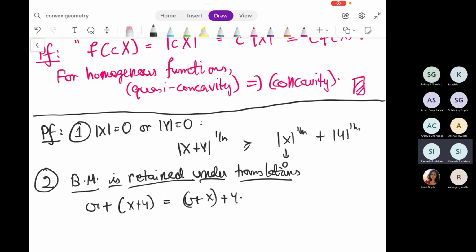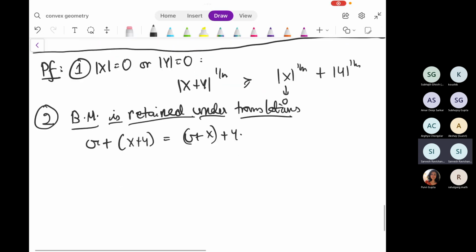So because of that, as you translate, nothing much changes. Lebesgue measures on either side of, for example, equation B wouldn't change if you translate one of the sets. So the Brunn Minkowski inequality is retained under translations. And this is an excellent property because it allows us to use the most beautiful part of this proof, namely the Hadwiger Ohmann cuts, right?